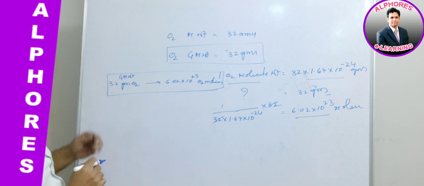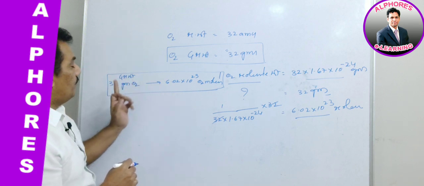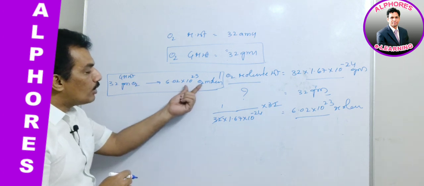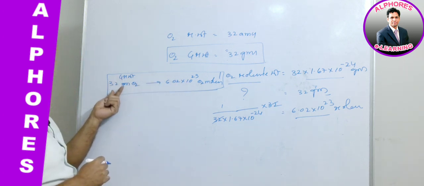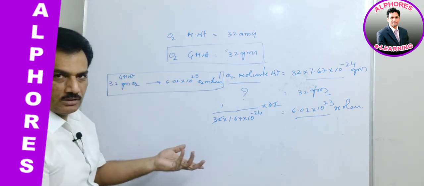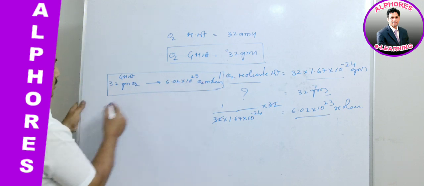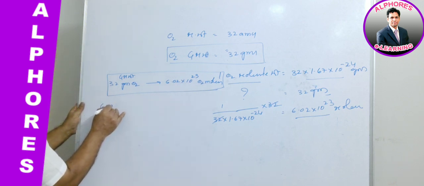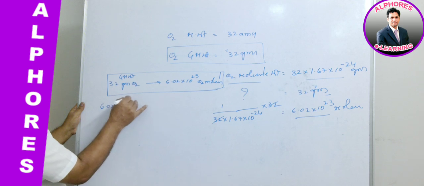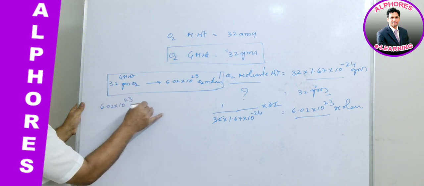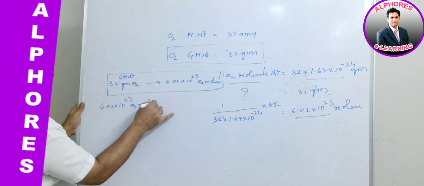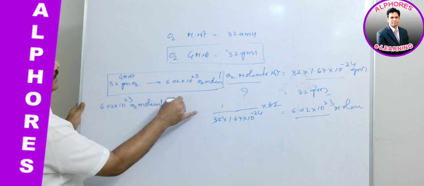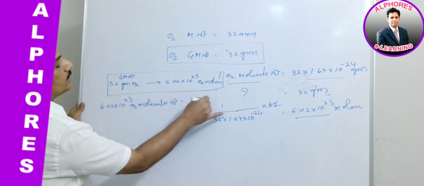Now, when this number of molecules weighs 32 grams, how much is the weight of one molecule? Let us calculate. 6.02 into 10 to the power of 23 O2 molecules weigh 32 grams.